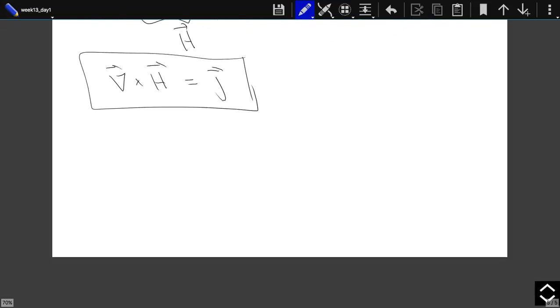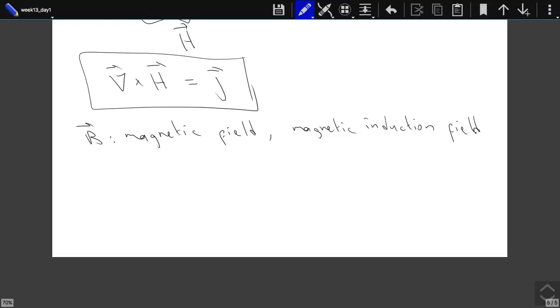Now, just a warning about the naming. B field, sometimes it's called the magnetic field. Sometimes it's called the magnetic induction field, basically because we will see that it is the field that is responsible for inducing electric current somewhere else.